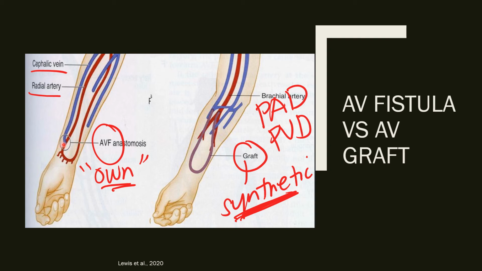While with AV graft is we use a graft or a synthetic, like a tube, to connect the artery and the vein. And this is commonly done to patients who have very, very poor perfusion and circulation in their arm. Like for example, if they have PAD, PVD, then they can have the AV graft.